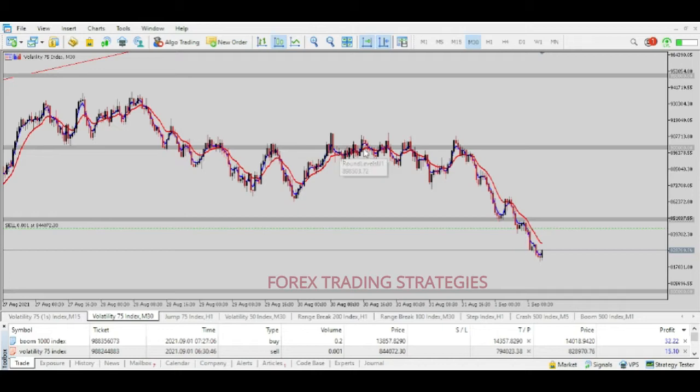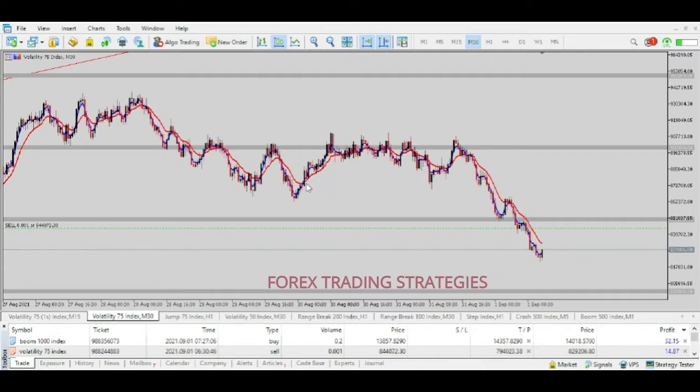If you find that prices are ranging, then you might want to just turn off your robot and come back when price starts trending again, when it starts moving again. By the way, this trade was actually opened by the robot that we are going to build, on another computer.